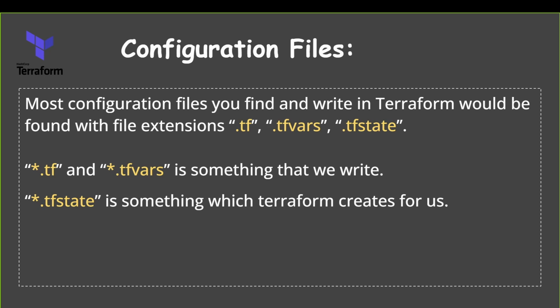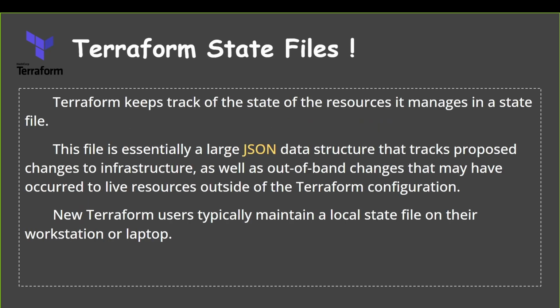Then we have something called the .tfstate file. I'll be discussing what a state file is in detail in the coming slides. These would be the basic ones. Out of these, .tfstate is something which Terraform creates for you, so you don't have to do anything with that. The .tf file and .tfvars file are written by you. You would have to write them out.